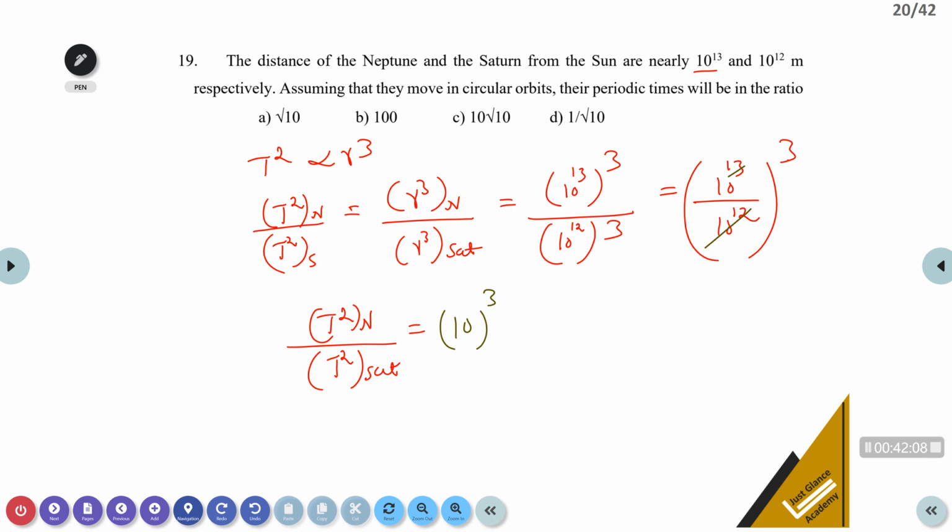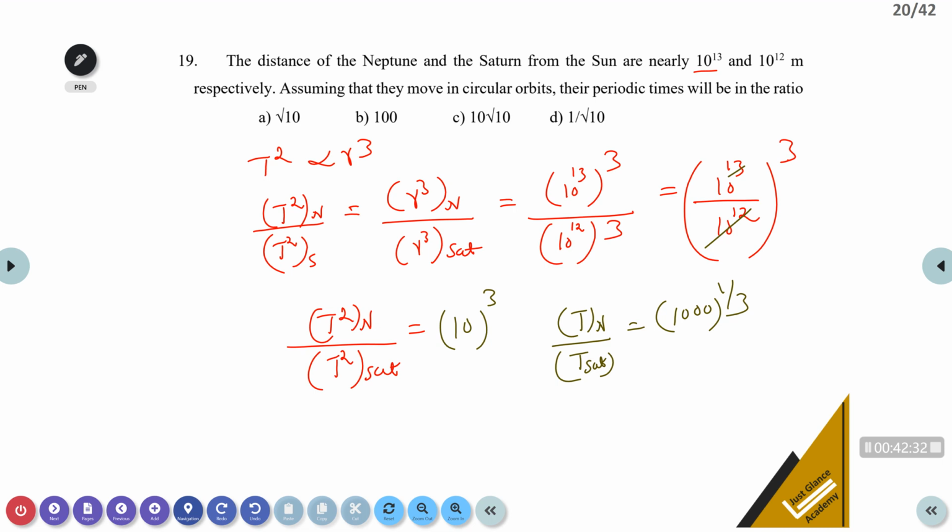Then taking the square root, you have to take it here. So T of Neptune divided by T of Saturn equals 10 to the power of 30, nothing but 1000, raised to 1 by 3.